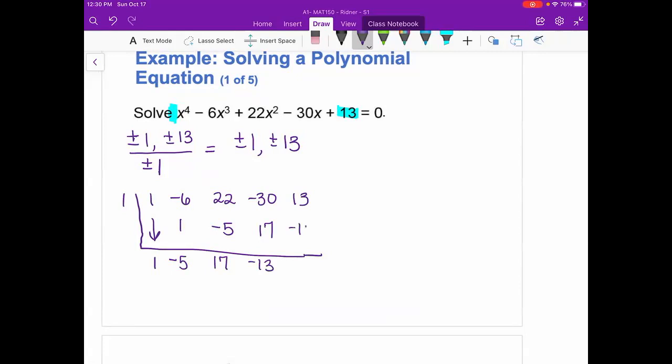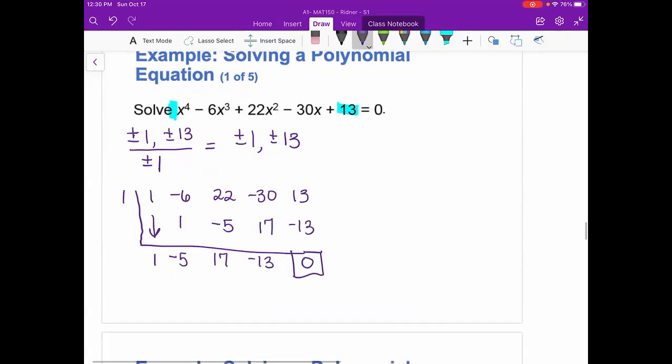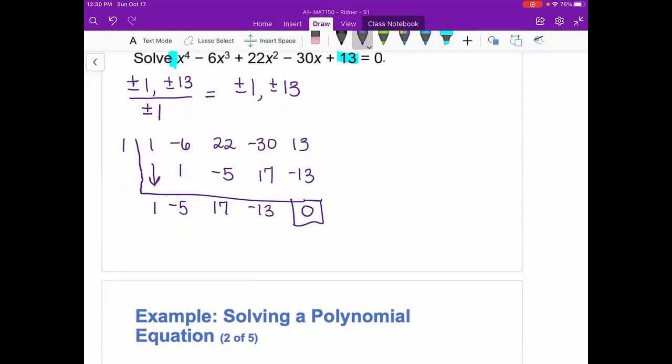And on the first try, I got a remainder of 0. Thank goodness. So that's less we have to do. We can pause right there. So since 1 divides it evenly, I have x cubed minus 5x squared plus 17x minus 13.